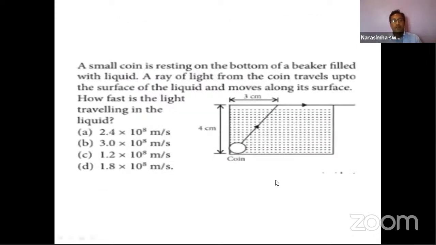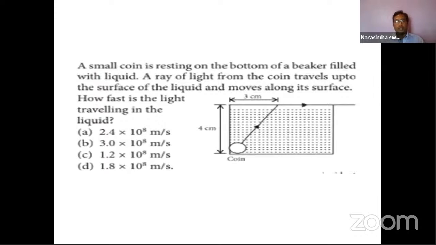Now we see the next problem. Very cautious, a small coin, it's a depth related one. A small coin is resting on the bottom of the beaker filled with a certain liquid. Imagine a ray of light from the coin travels up to the surface of the liquid and moves along its surface.